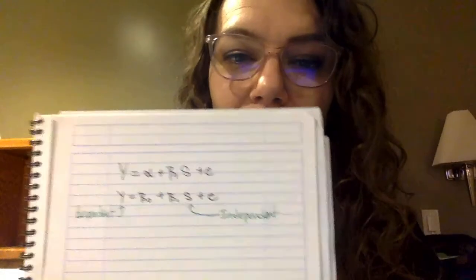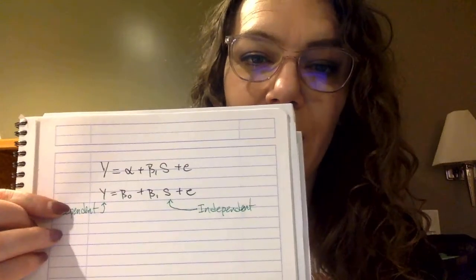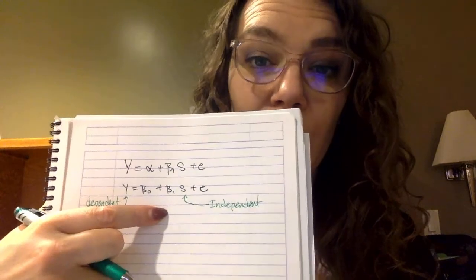And then beta naught or alpha is our constant. And the beta 1, or whatever that coefficient is going to be, is our marginal effect of s on y. And then e is just our error term.